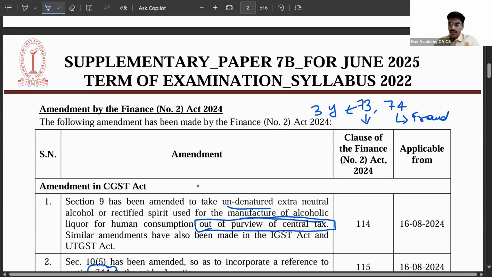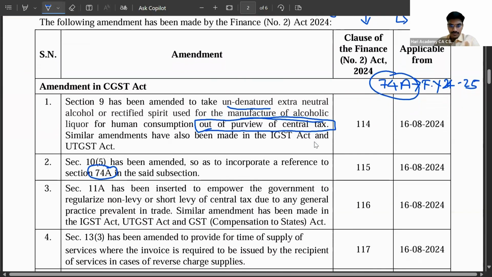Here the period was 5 years. Now they have done away with this distinction of 73 and 74, and introduced a new section called 74A, which is applicable for all the disputes from financial year 24-25. Wherever the reference was earlier made to 73 and 74, now they are changing that reference to 74A. This is what is happening in multiple places.